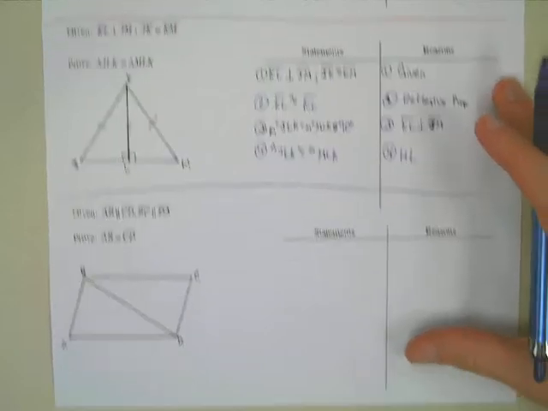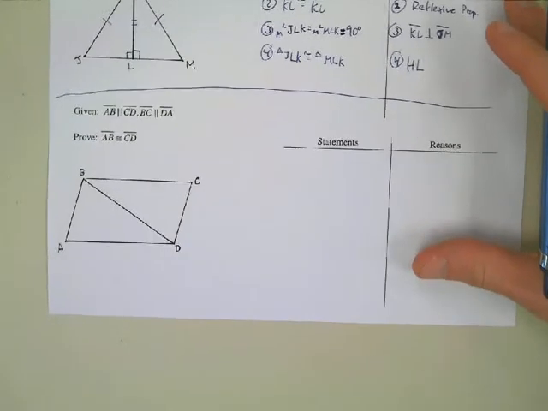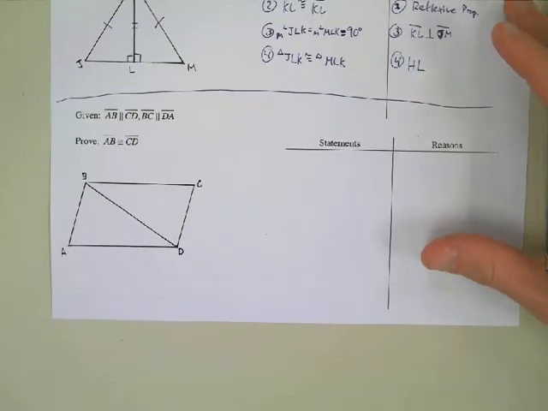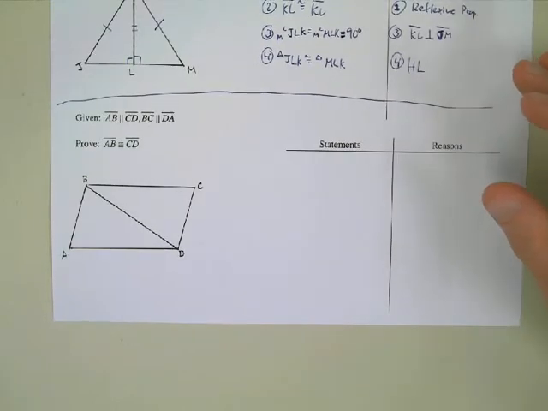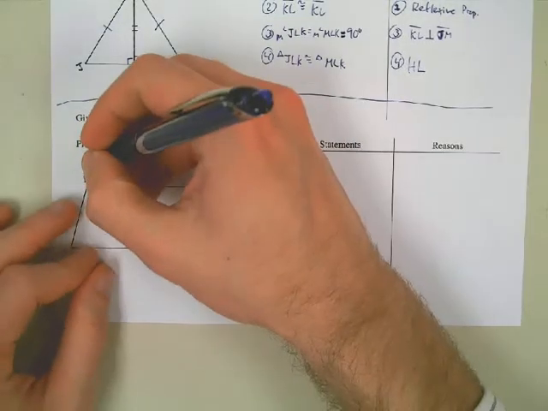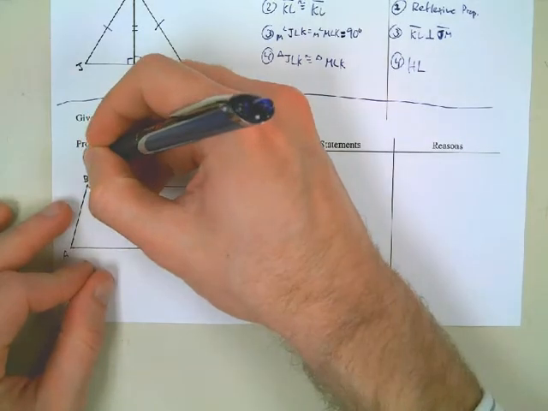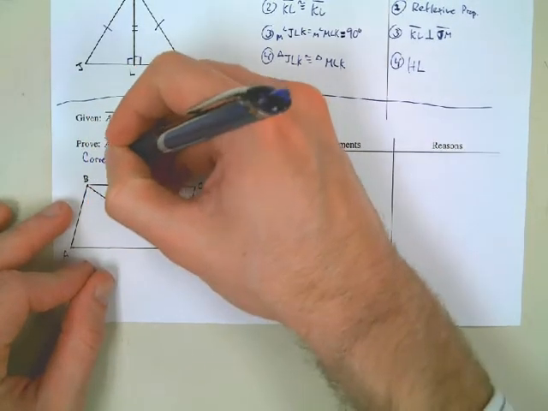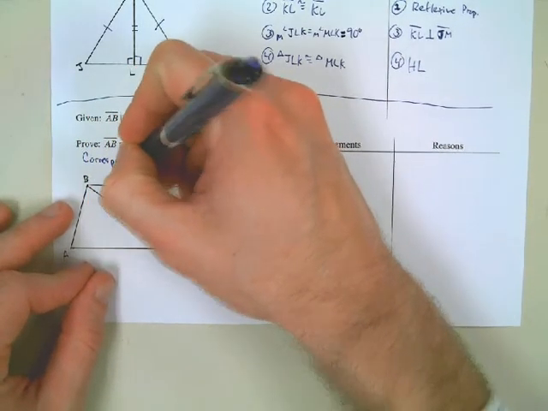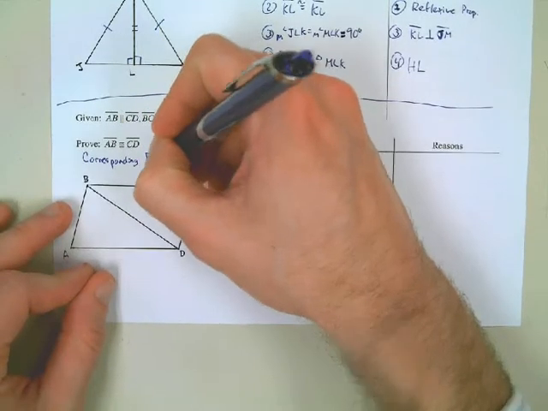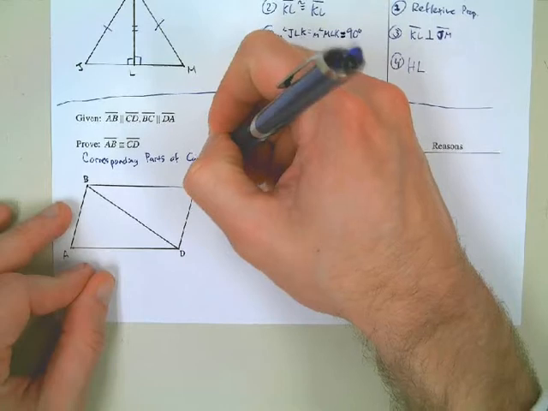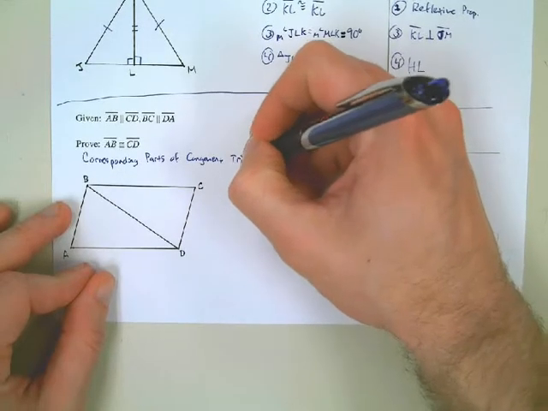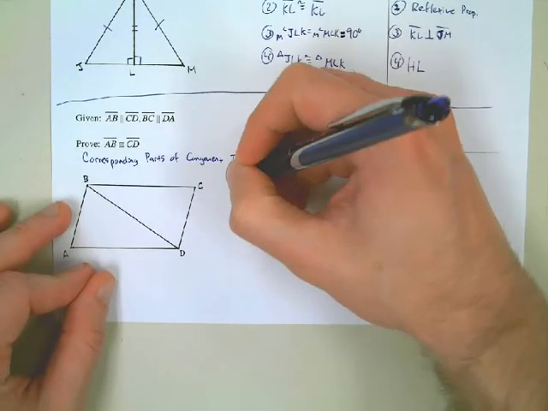All right, one more here I want to show you, and this is kind of the introductory proof that I want to use for CPCTC. Okay, so again, CPCTC stands for corresponding parts of congruent triangles are congruent.